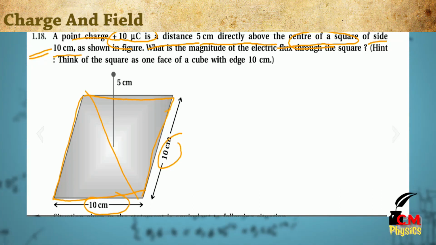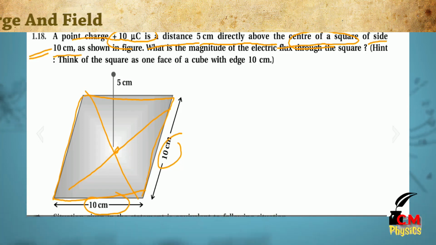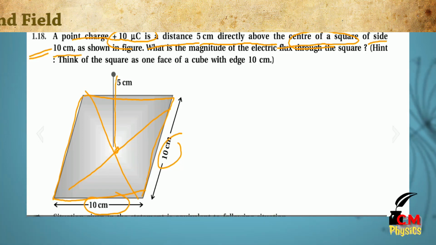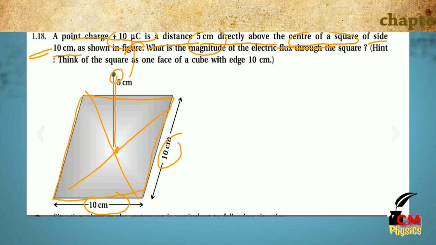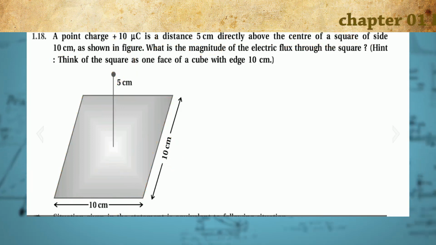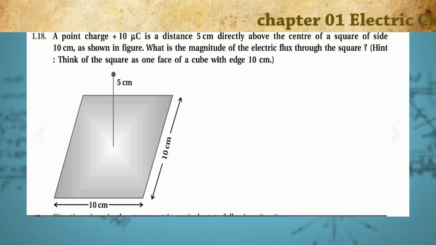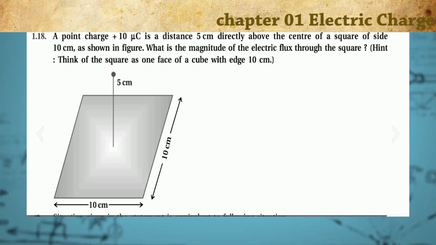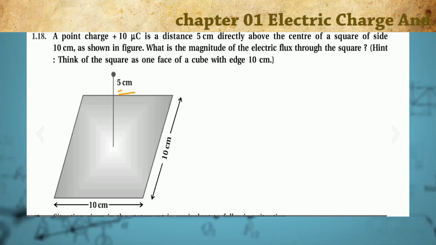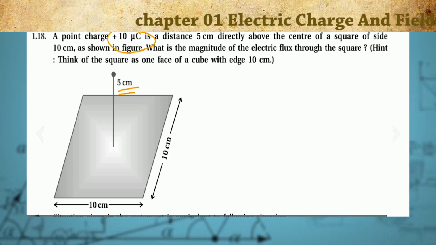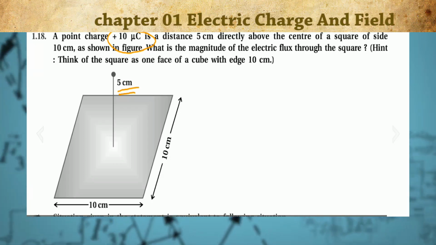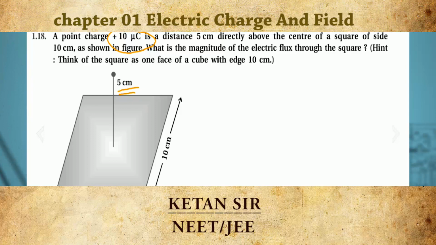From the center of the square, just above by 5 centimeter, you are placing one charge of magnitude plus 10 mu c.